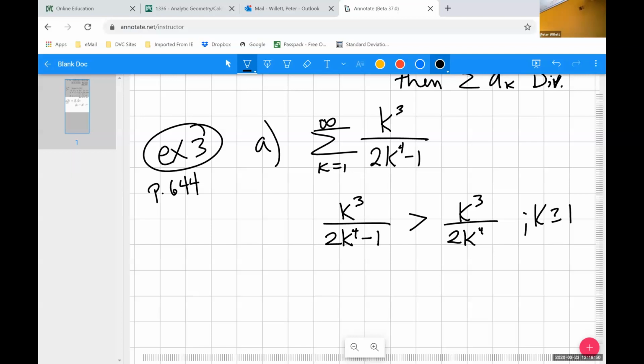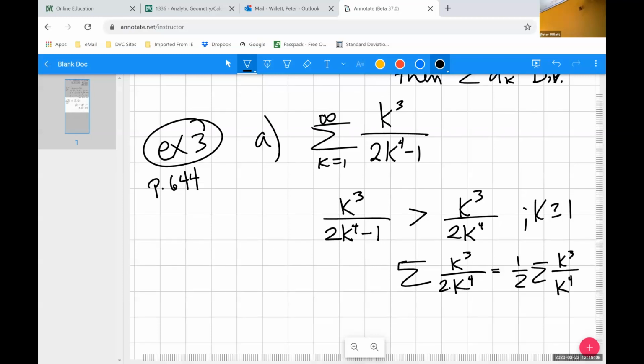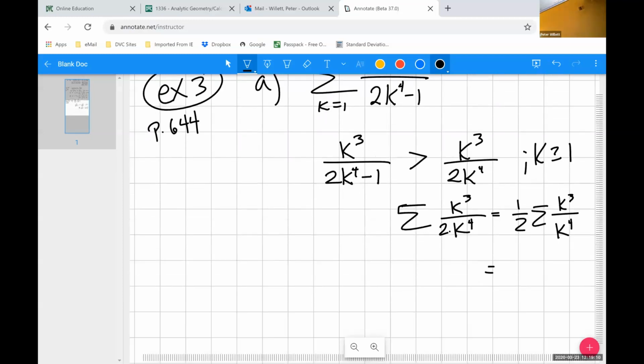And the summation of k to the 3rd over k to the 4th times 2 is equal to 1/2 the summation of k to the 3rd over k to the 4th, which is equal to 1/2 the summation of 1 over k, which diverges.